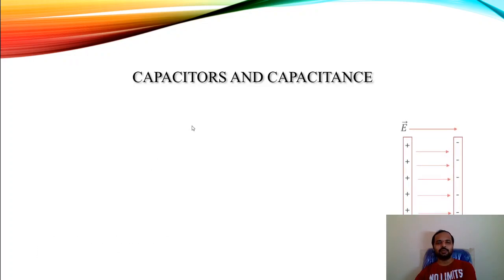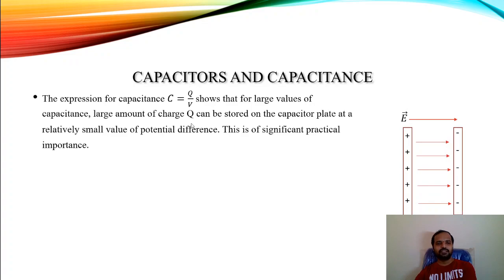But from this equation, let me show it to you. See here, C is equal to Q by V, which means if I keep the potential difference between the two plates of the capacitor fixed, then C is proportional to Q. As C increases, Q also increases. That is, Q is proportional to C.